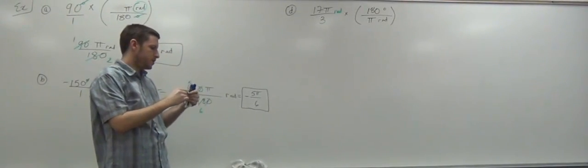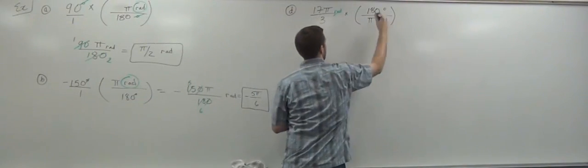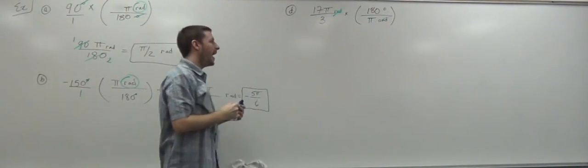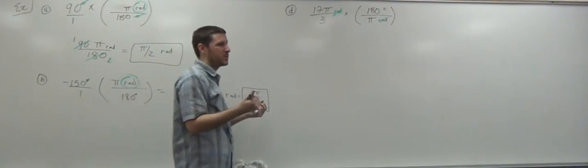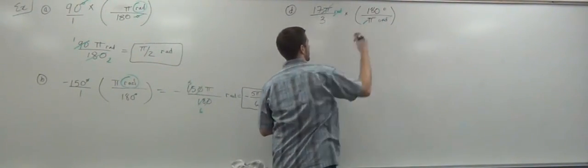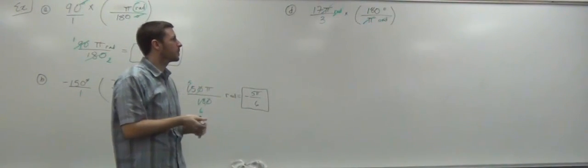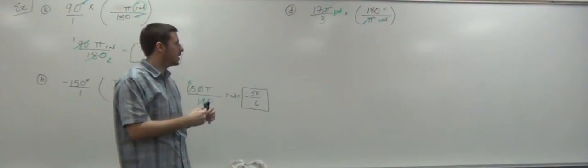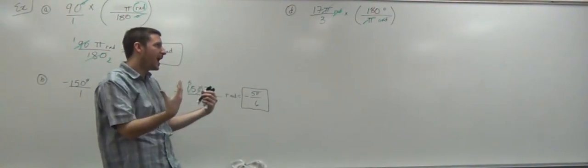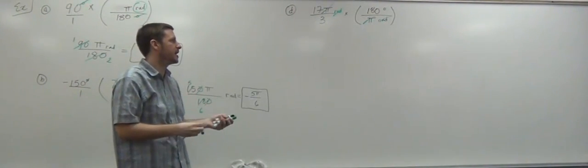And then I do my magic. Radians on top, radians on bottom, gone. Actually, there's a pi on top and a pi on bottom as well, right? So I might as well get rid of that at the same time. Now, personally, I wouldn't do more work than I had to, and I have a pretty good grasp at multiplying fractions.